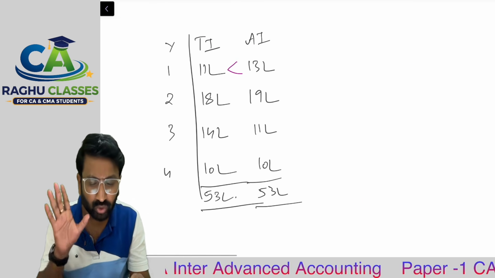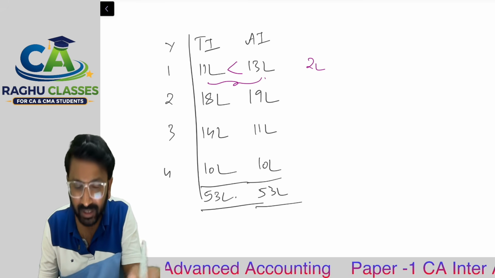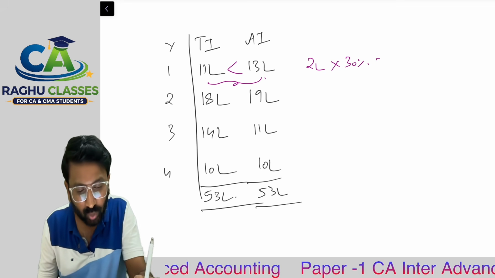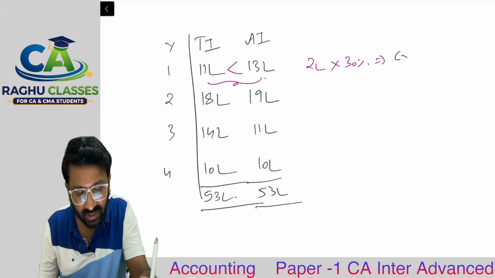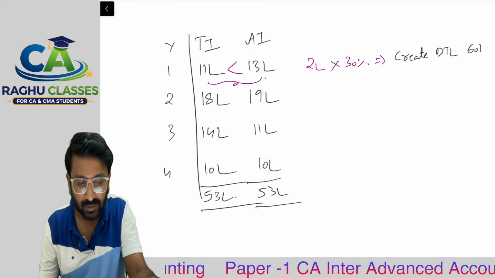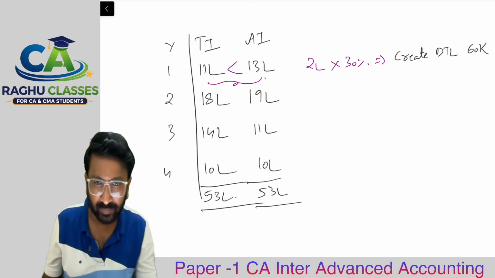Now, for what amount should I create a liability? I'll take the difference between these two incomes, which is 2 lakh, and apply 30%. Let's say the tax rate is 30%. So 2 lakhs into 30% for year number one, I'll be creating deferred tax liability of rupees 60,000.